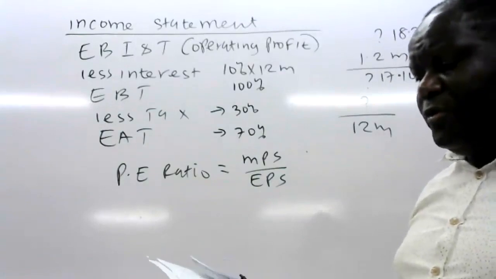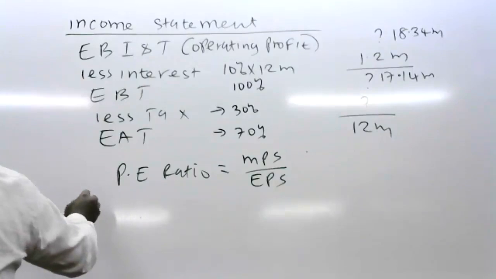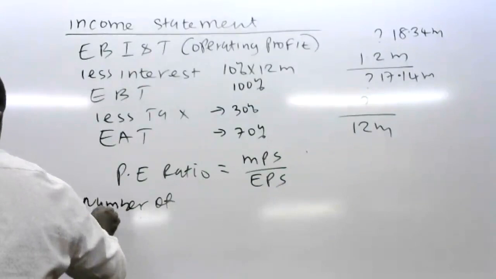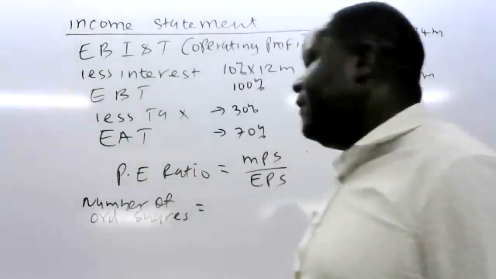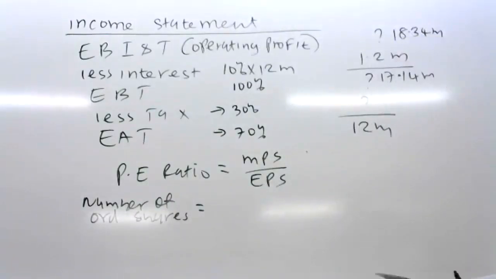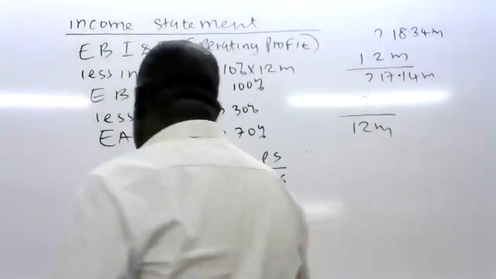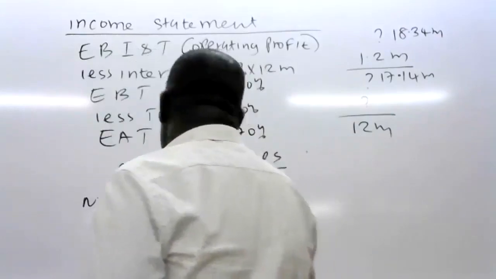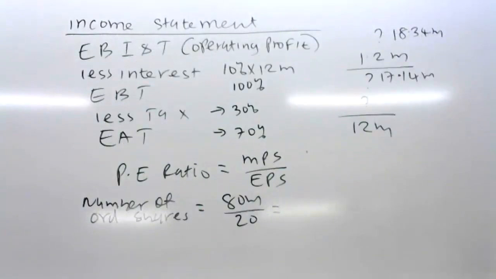To compute the earnings per share, we first compute the number of ordinary shares. We get the 80 millions divided by the par value, which is 20.